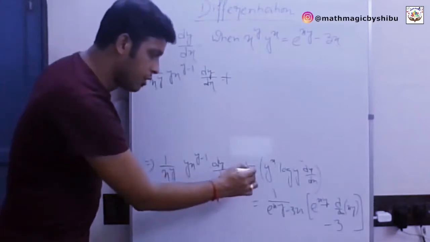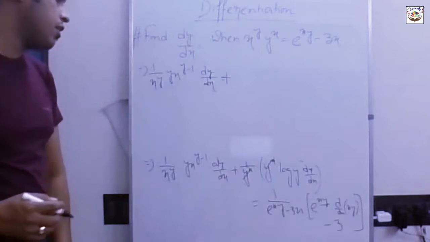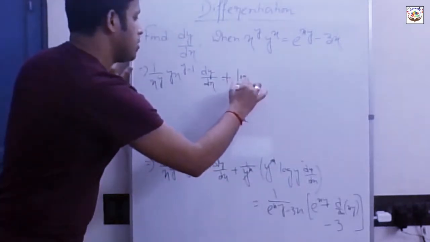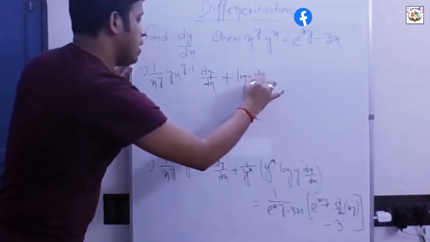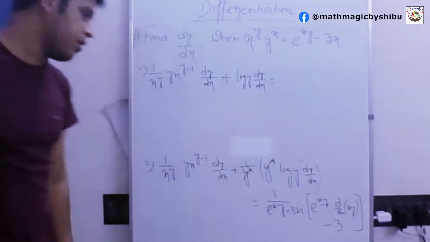We can cancel out this y to the power x and this y to the power x. Okay, so what is remaining? Log y dy dx.